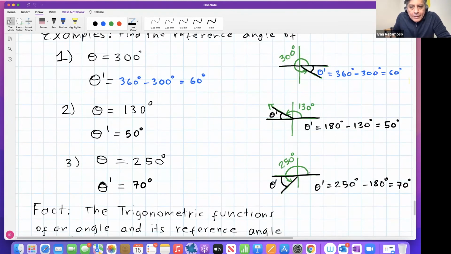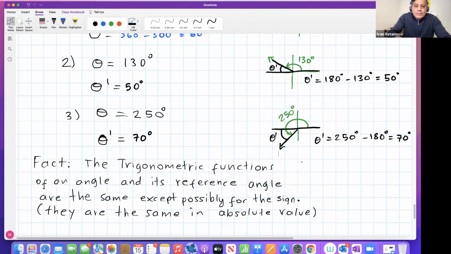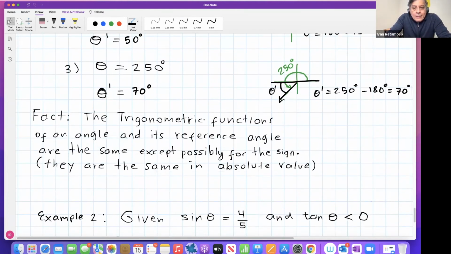Okay, guys. Now, let's talk about a fact that will help us to work with these reference angles. The trigonometric functions of an angle and its reference angle are the same except possibly for the sign. They are the same in absolute value. So let me explain this fact for you.